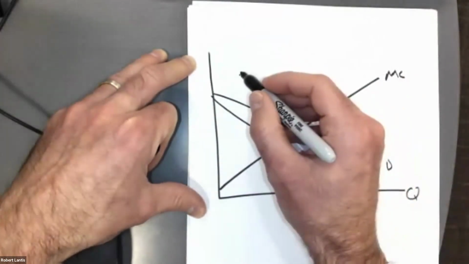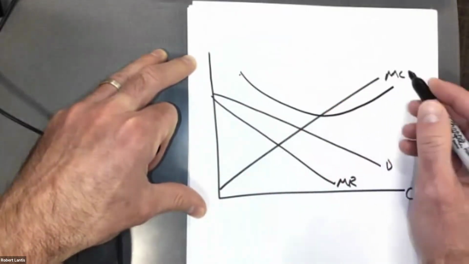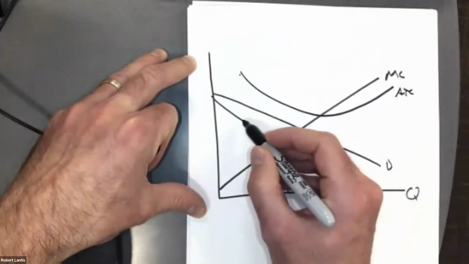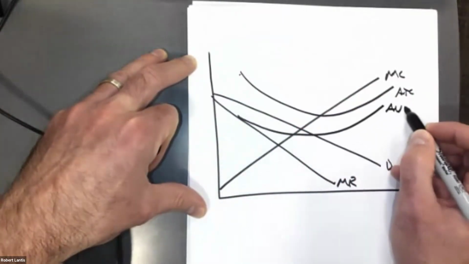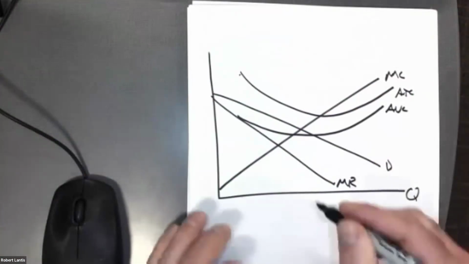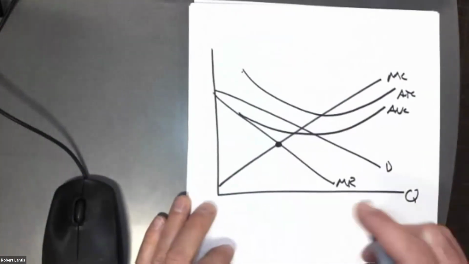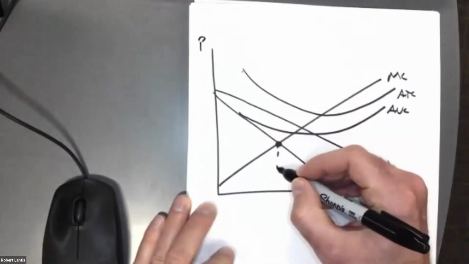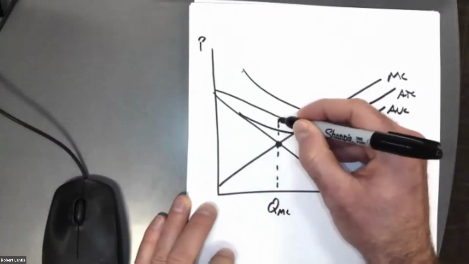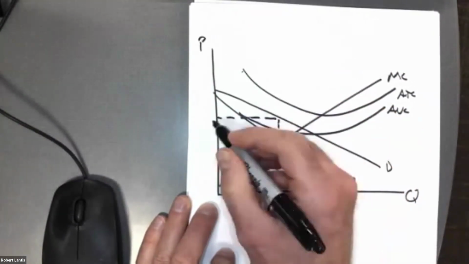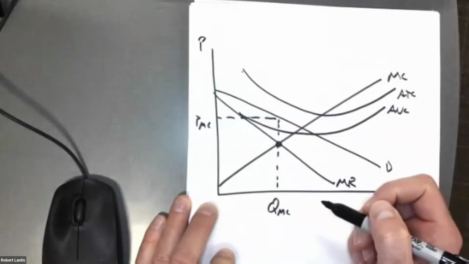Let's say here's their average total cost, and here's their average variable cost. Okay. At that profit maximizing quantity, where marginal revenue is equal to marginal cost, they then go up to the demand curve to set their price.